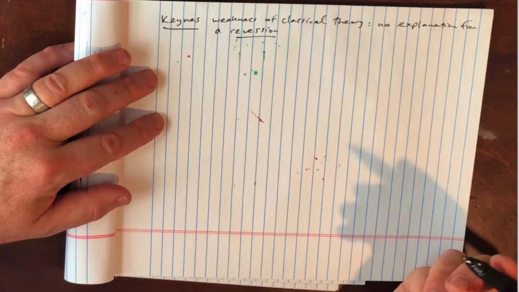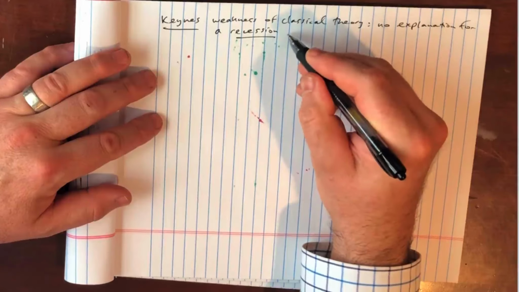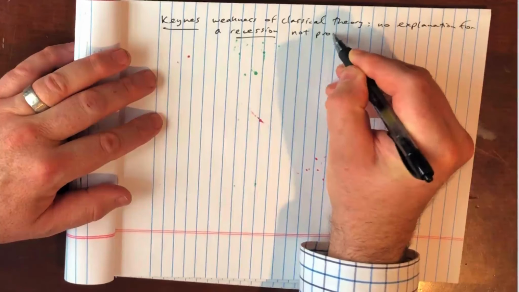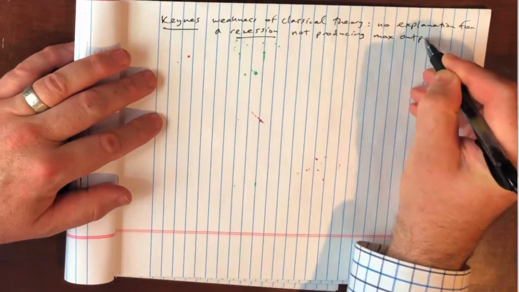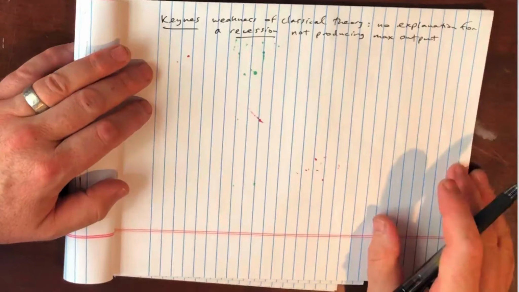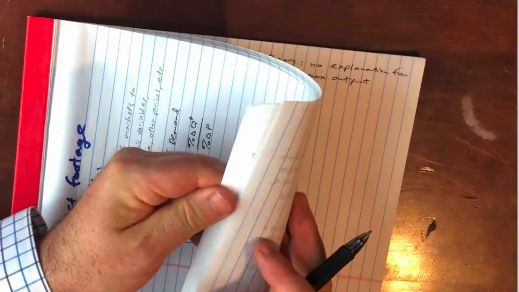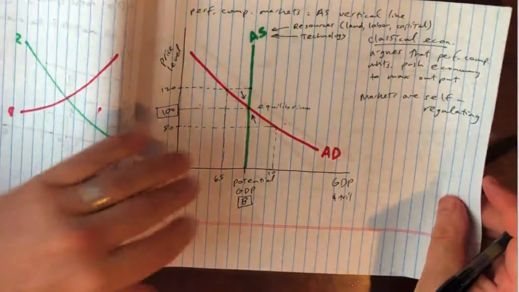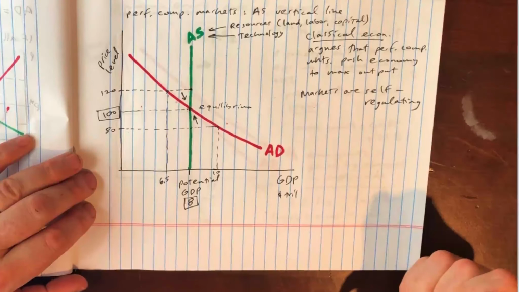A recession period where the economy is not producing the maximum output, and this is obvious to everybody. So the question is, why not, right? We've got two explanations for this, okay? So one explanation would be that the economy is just simply not at equilibrium, right?